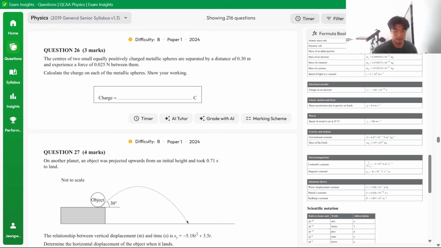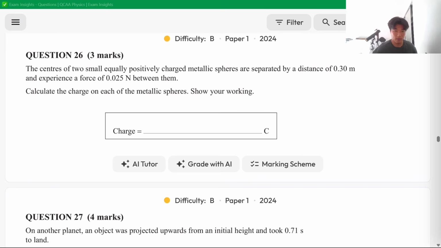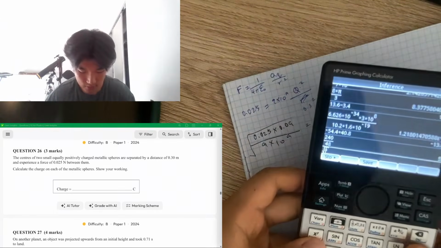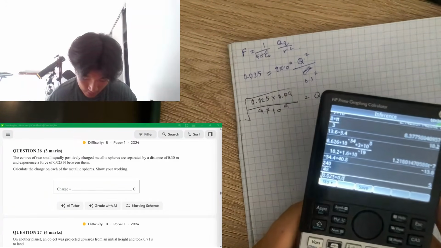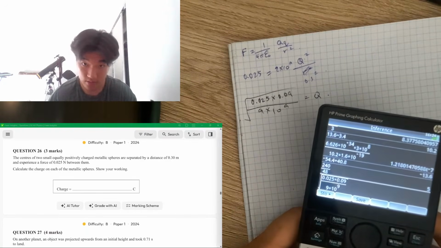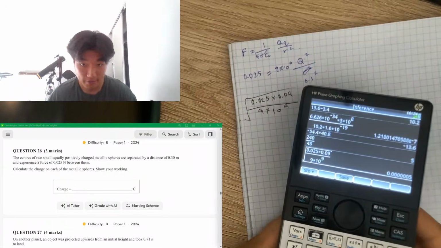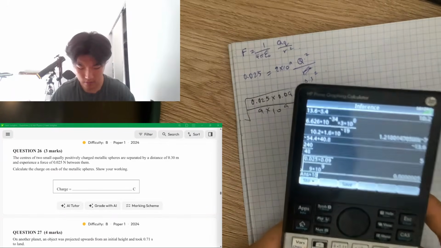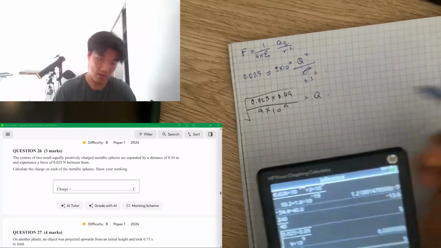Then we plug this into the calculator. I swear these days I keep saying random things. It's going to be 5 times 10 to the negative 7.